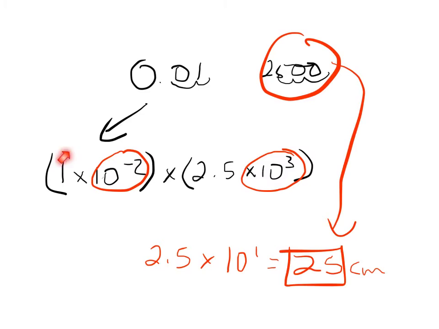Again, if we look back here, we do 1 times 2.5, and we do 10 to the negative 2nd times 10 to the 3rd. We deal with them individually here. We don't try to multiply this times this or anything. Just deal with them individually here. So that works. Let's try one. First we've got 2.4 times 10 to the negative 6 times 2 times 10 to the negative 2.